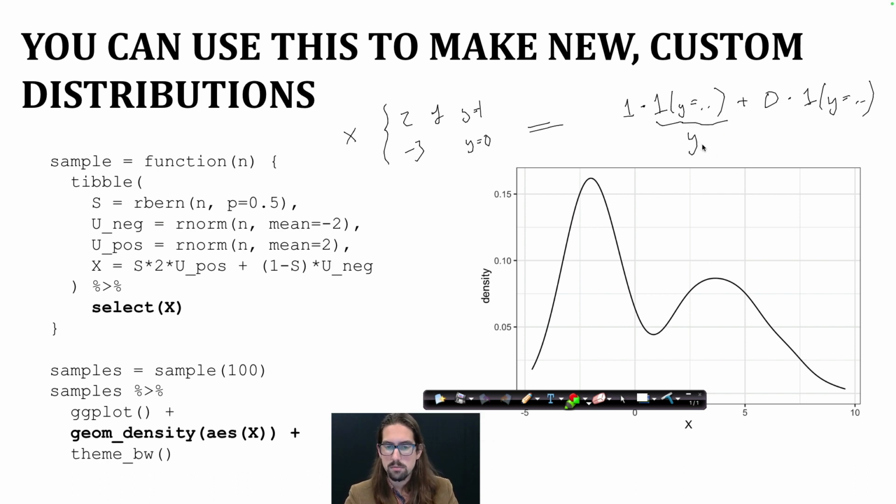Because when y is 1, it's 1. When y is 0, it's 0, right? And then this thing, I need this to be 1 when y is 0, and I need it to be 0 when y is 1. And so I can write that as 1 minus y. And so this whole thing here, and now I change these not to 1 and 0, but to 2 and then minus 3. So you can write it like this, and that's the way I have it here.